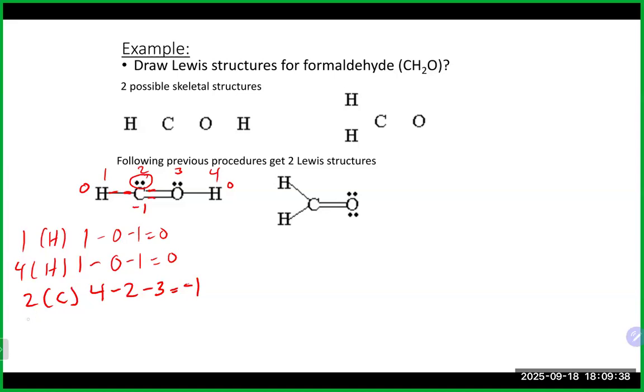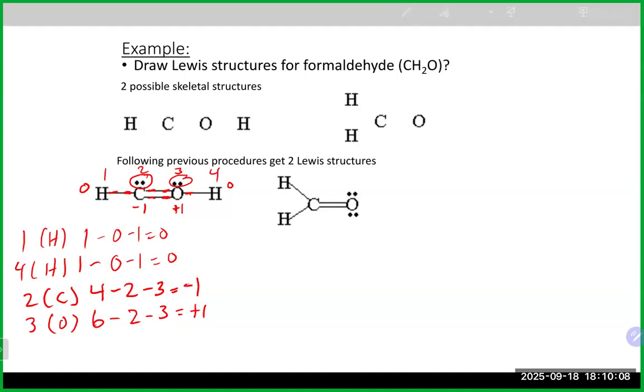If we now go to number 3, which is our oxygen, we have 6 for the oxygen minus 2 non-bonding electrons minus 3 bonds. That's going to give us a +1 in this case. So in this arrangement, we have 0, -1, +1, and 0. Any questions on any of those calculations?